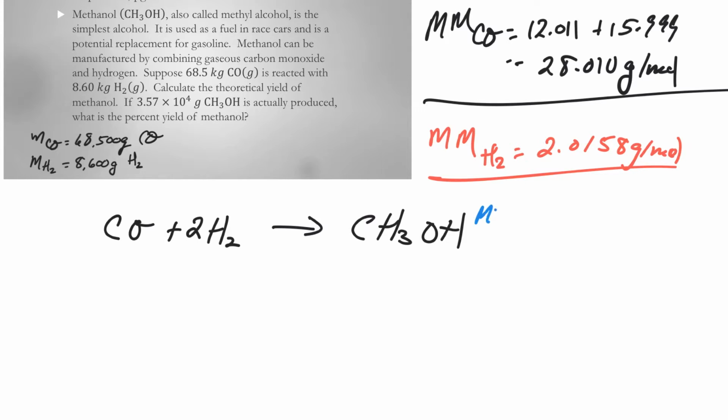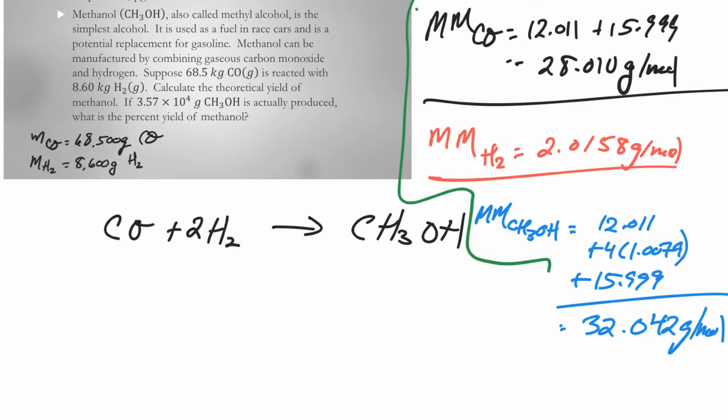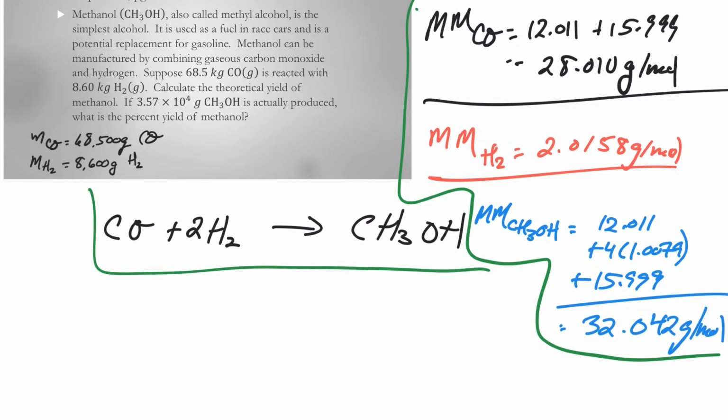And the molar mass of methanol is 12.011 plus 4 times 1.0079 plus 15.999, and it's 32.042 grams per mole. All right, so we've got the molar masses, we've got the balanced equation. Now we just need to do the math.